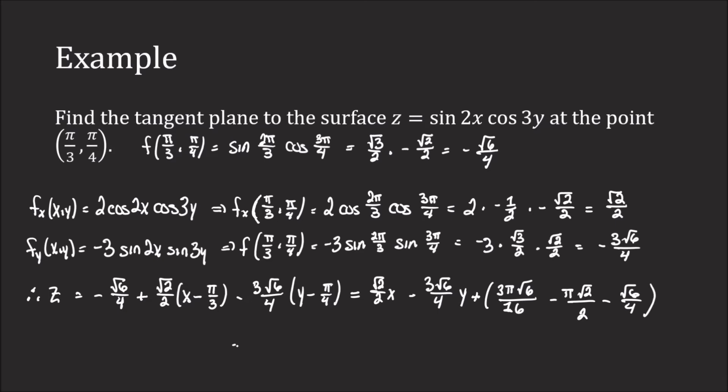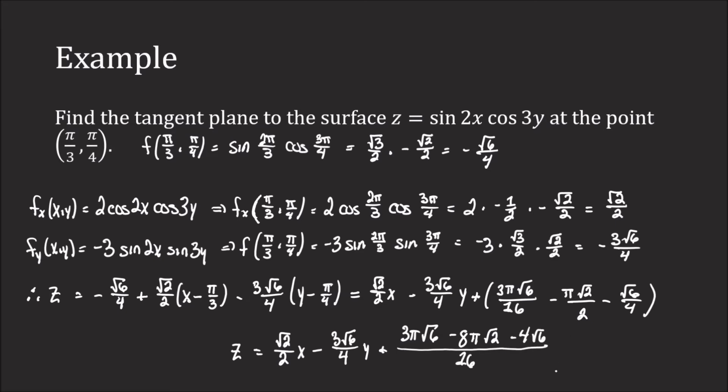And so we get as our tangent plane z is equal to the square root of 2 over 2 x minus 3 times the square root of 6 over 4 y plus 3 pi square root of 6 minus 8 pi square root of 2 minus 4 square root of 6 all over 16.